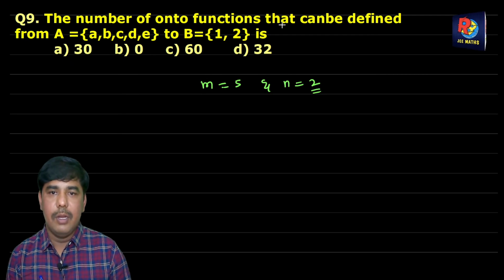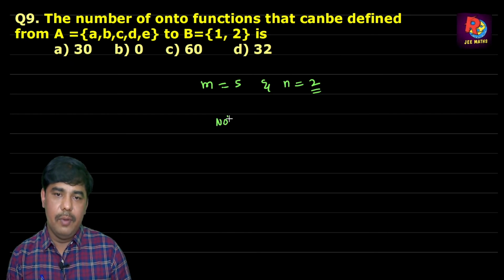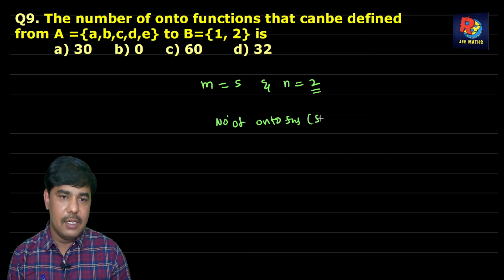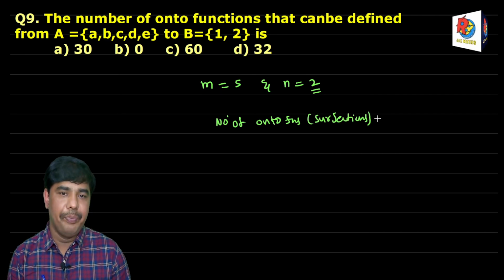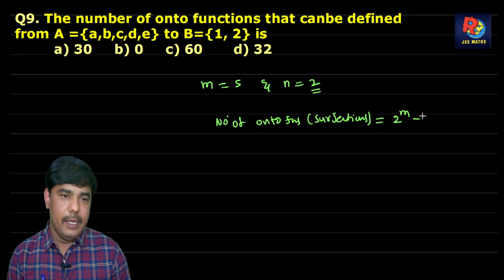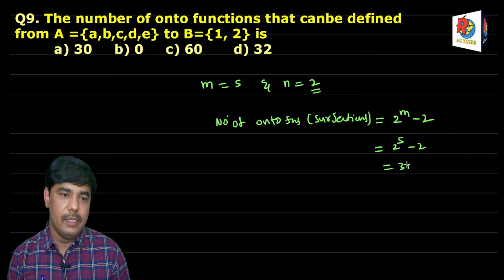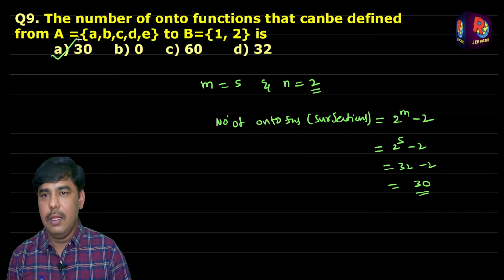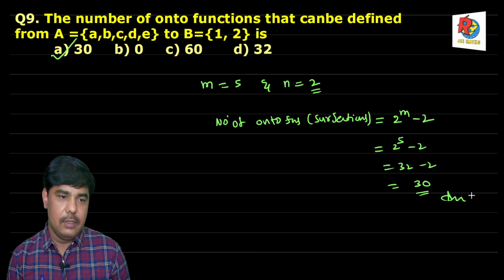So the number of onto functions, sometimes called surjections, equals 2 power m minus 2. So 2 power 5 minus 2. 2 power 5 means 32, minus 2 equals 30 is the answer. So option A is the correct answer.